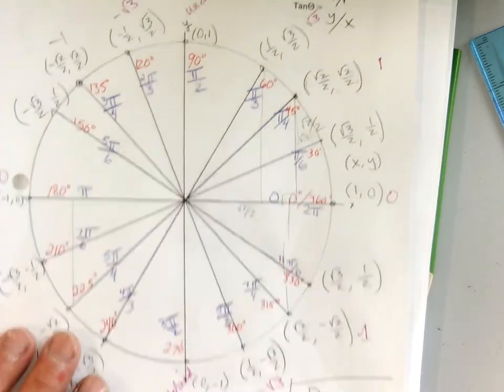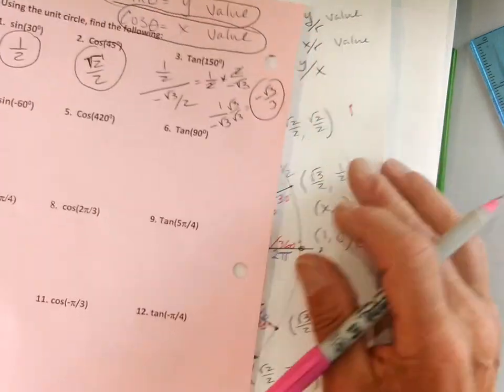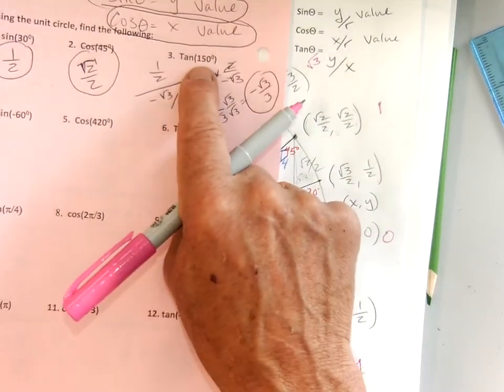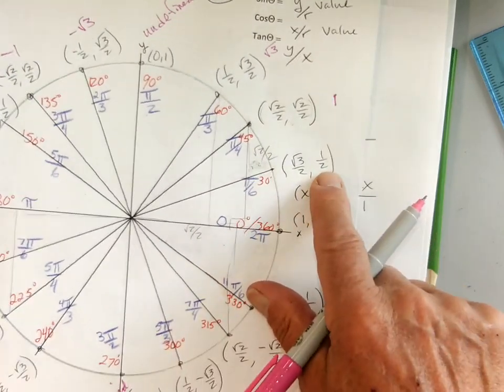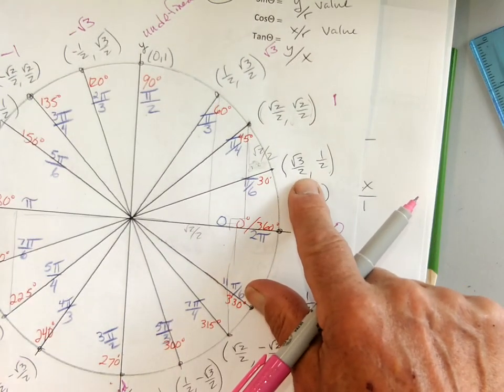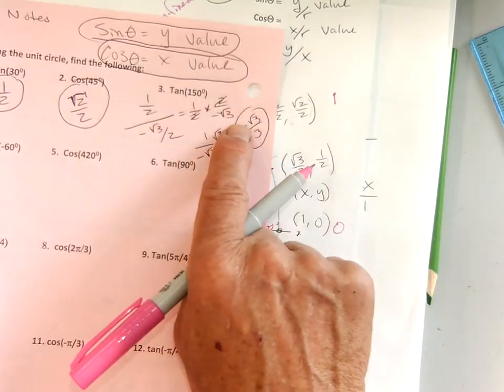Now, if I shift my paper back to our green sheet, we did 150 degrees. But if I go to 30 degrees, it's the same thing. 1/2 divided by square root of 3 over 2. We kind of did the work, and we wound up with square root of 3 over 3, right?